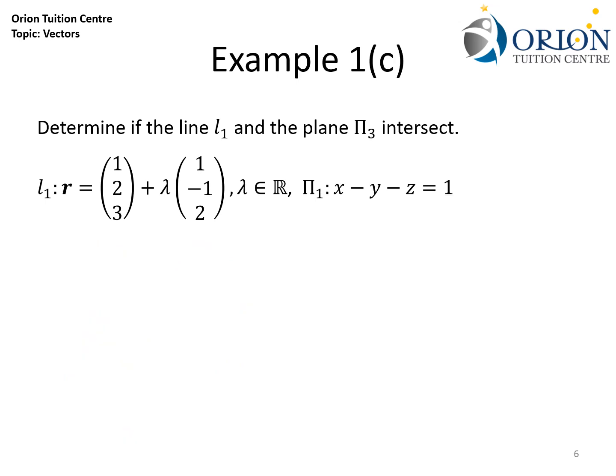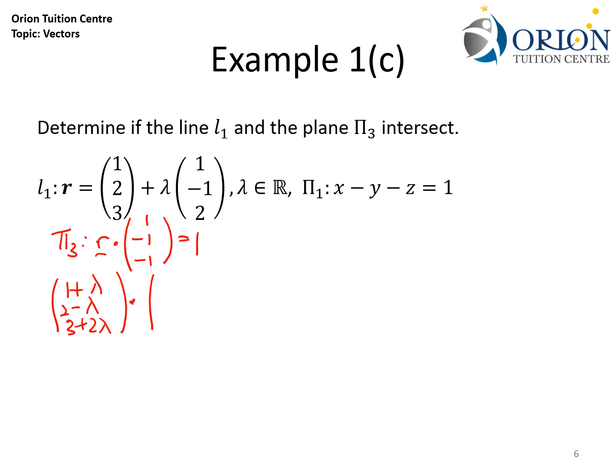In example 1c now, we are going to compare L1 and pi3. Same thing, I'm going to rewrite pi3 as r dot (1, -1, -1) equals 1. And I'm going to substitute the equation of the line (1 plus lambda, 2 minus lambda, 3 plus 2 lambda) into the equation of the plane. And if I expand, I get 1 plus lambda minus 2 plus lambda minus 3 minus 2 lambda equals 1.